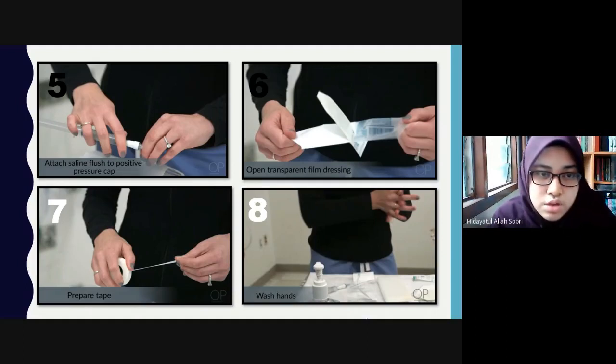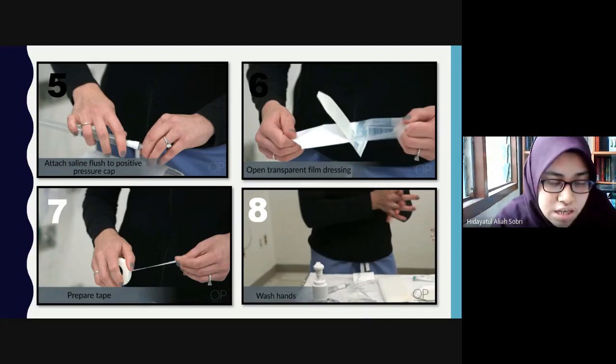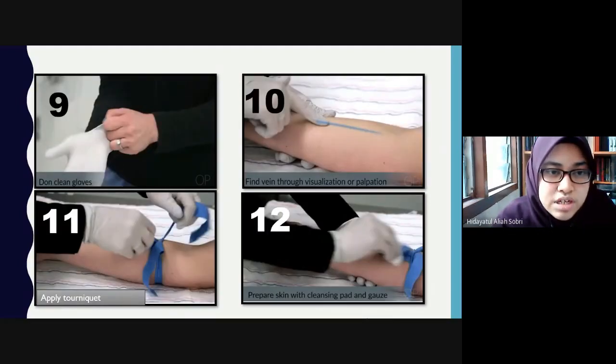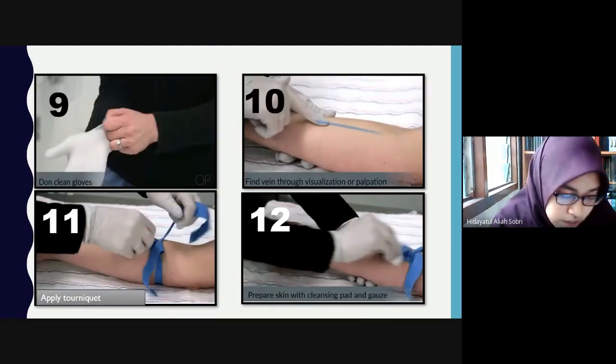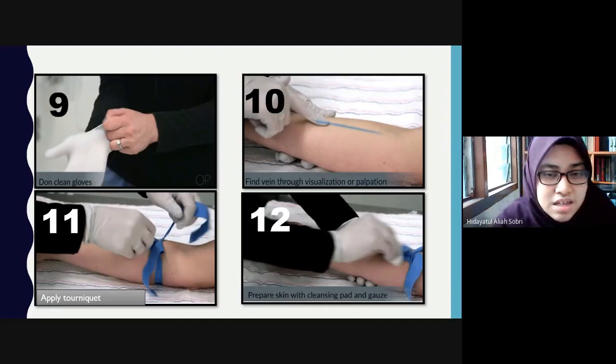Next, open the Tegaderm, prepare the tape, and wash your hands again with alcohol. Next slide, wear the gloves, and then the next step is to find the vein.